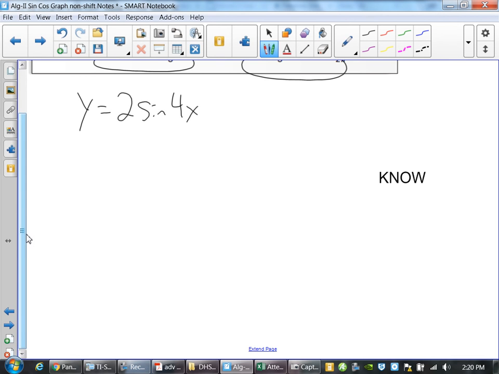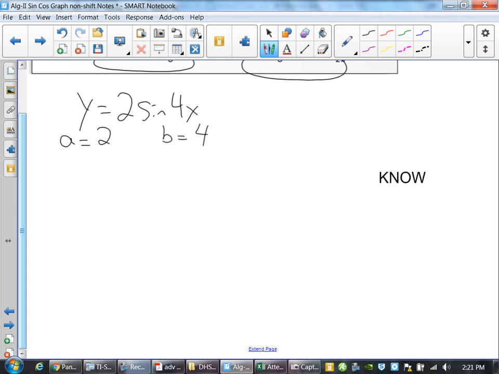If I want to do this, what I always start these graphs with, whether it's a sine, cosine, tangent, shifted, non-shifted, reciprocal, whatever, I'm always going to start the problem the same way. I'm going to list what A is, what B is. Tomorrow we'll talk about H and K, and then we'll figure out amplitude and period. My A value here is 2. My B value is 4.